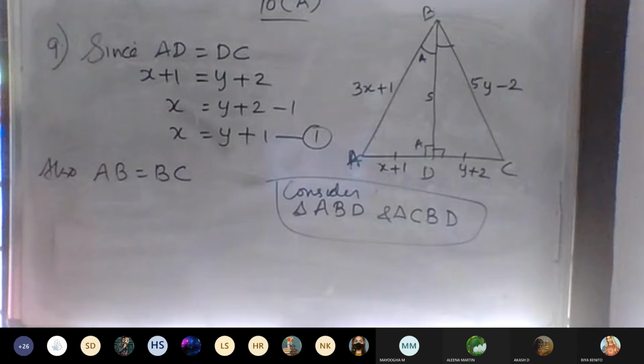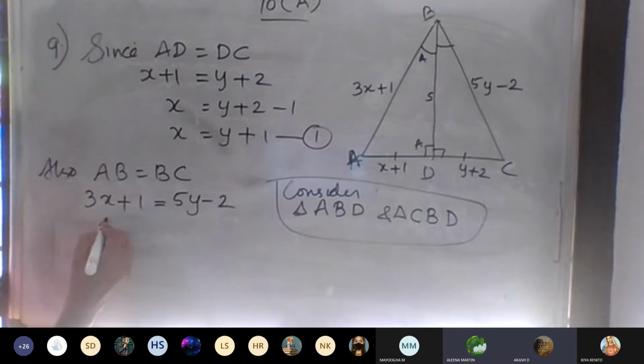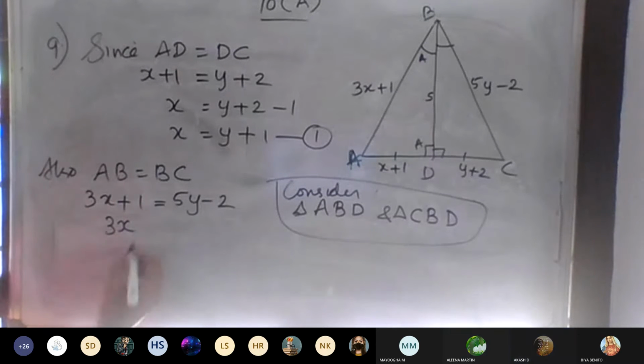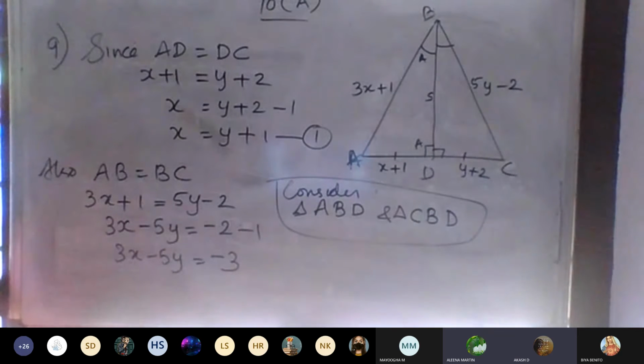Also, AB is equal to BC. 3x plus 1 is equal to BC, which is 5y minus 2. So same way, 3x minus 5y is equal to minus 2 minus 1, that is 3x minus 5y is equal to negative 3.